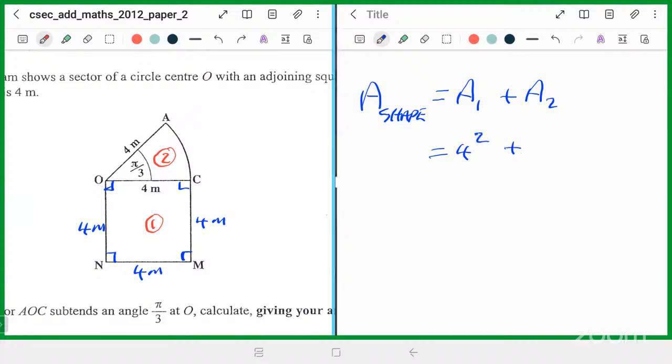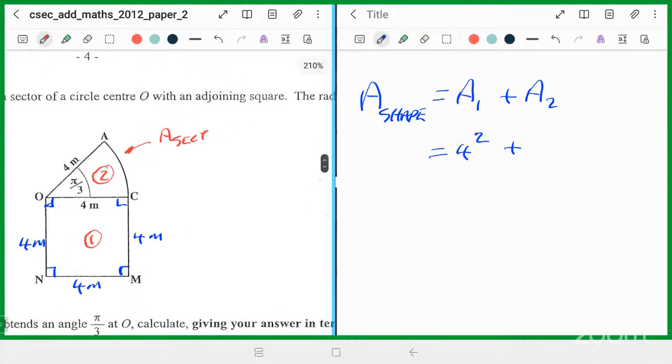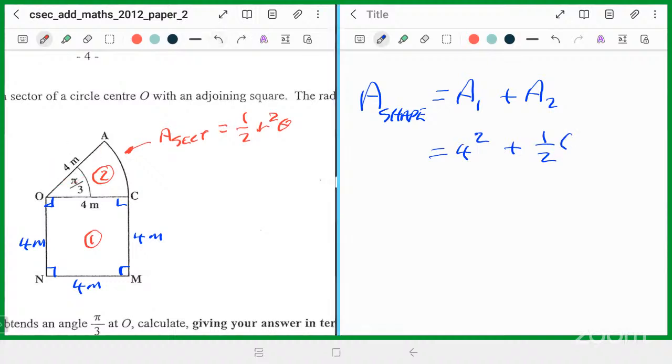Area 2 is a sector. Area of a sector, remember, let's write it out. Area of the sector is half r squared theta, radius squared times the angle. The angle is pi by 3. So this area over here, using that formula, becomes half, and the radius is 4, so it's 4 squared times theta, and theta is pi by 3.